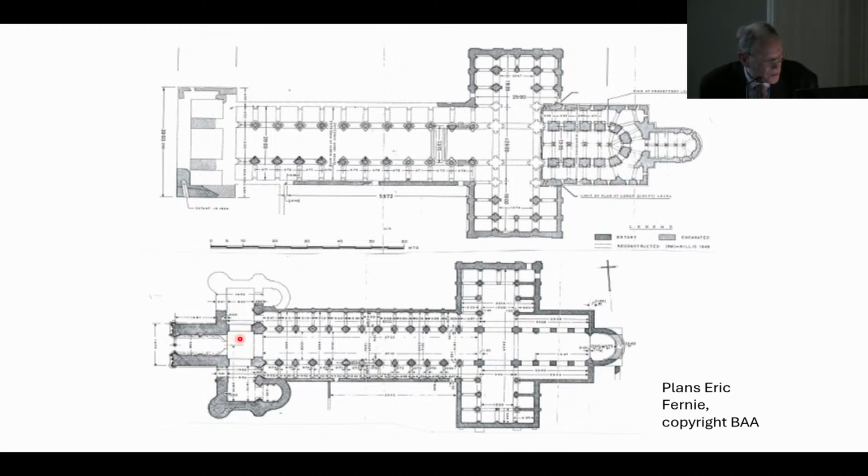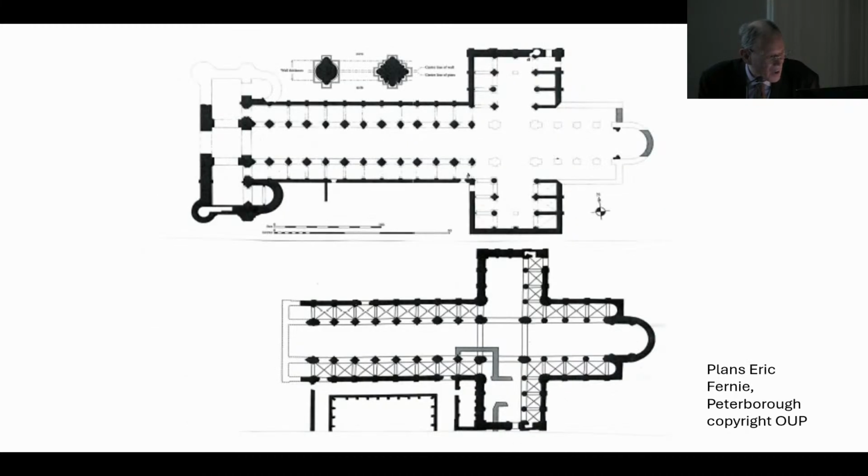The first of them takes us to the originally intended design of Peterborough Abbey. Here we have Ely at the top and Peterborough as originally intended in Eric Fernie's reconstruction at the bottom.